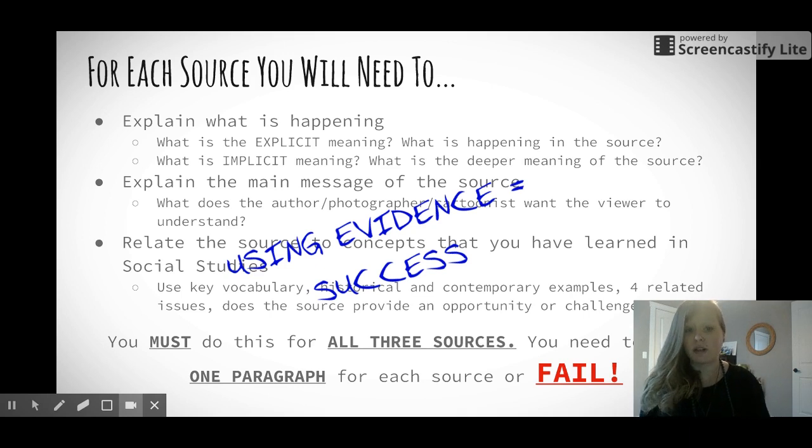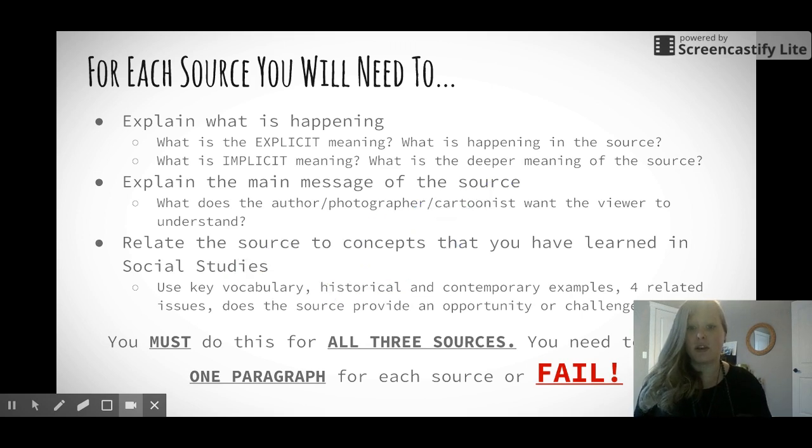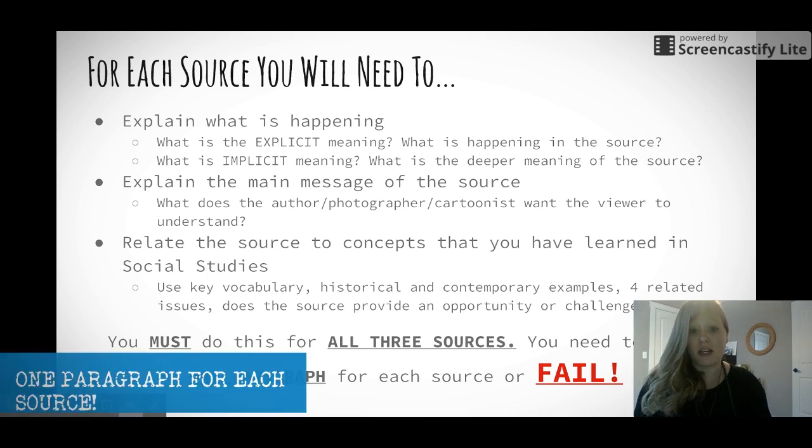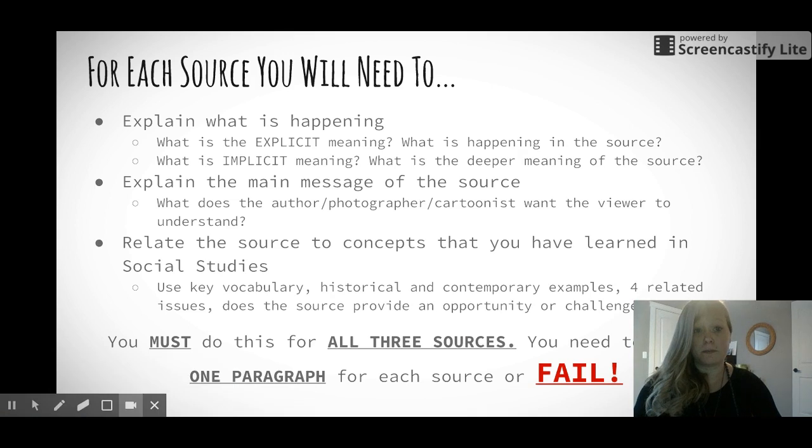Think about your four related issues. Does the source provide an opportunity or challenge? You must do this for all three sources. Each source will need a paragraph of its own. If you don't do a paragraph of its own, you will fail.